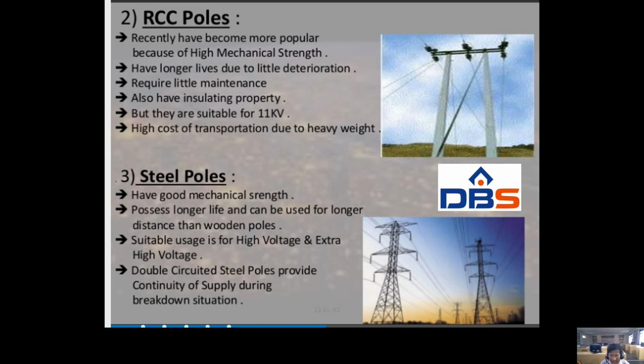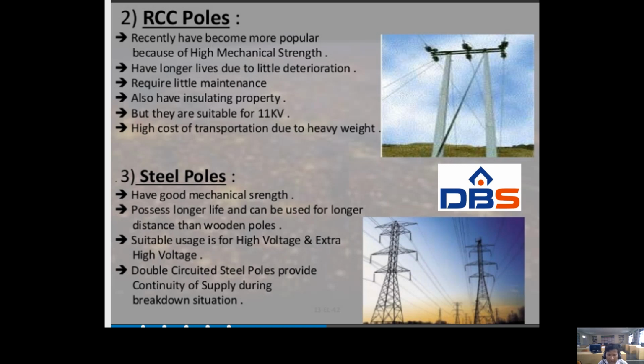RCC means reinforced concrete. They have good insulating property and are suitable for 11 kV. The cost of transportation is high due to the heavy weight, because transporting from one point to another to construct the transmission system is more costly.